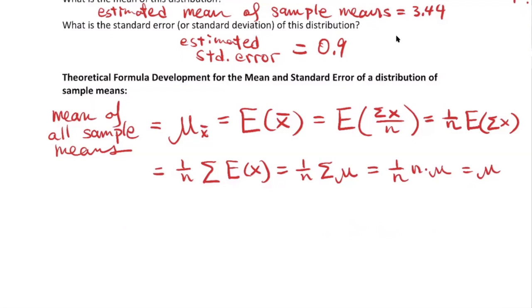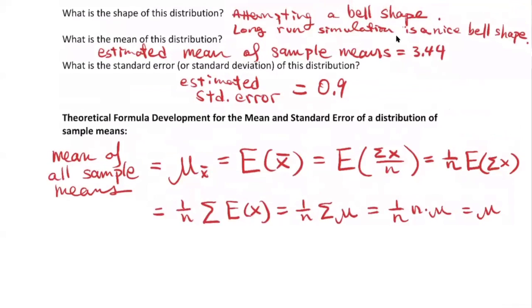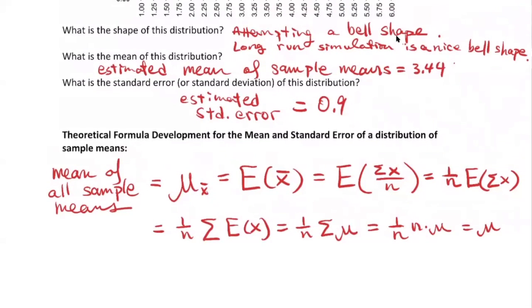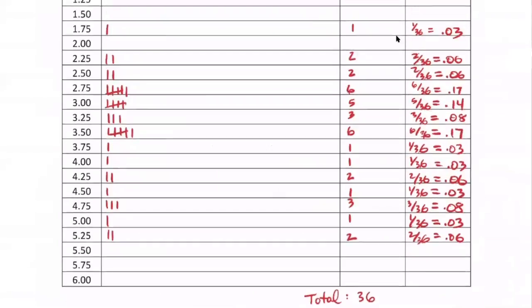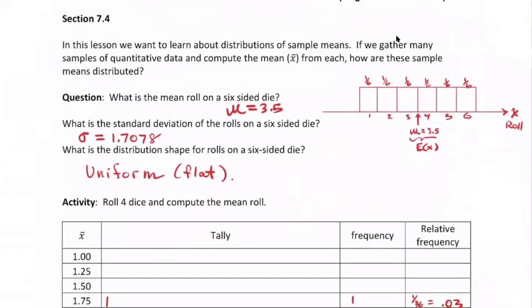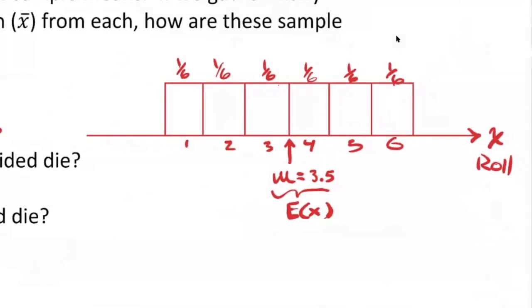So the mean of all sample means is the mean of the population you're sampling from. So step back, remember we got 3.44 as the mean of all the sample means. That's approximately 3.5, and it would have been 3.5 in the long run. We only did the short run on this, and we got 3.44, which is pretty close to 3.5. Remember, the 3.5 was at the beginning the average roll on one die.